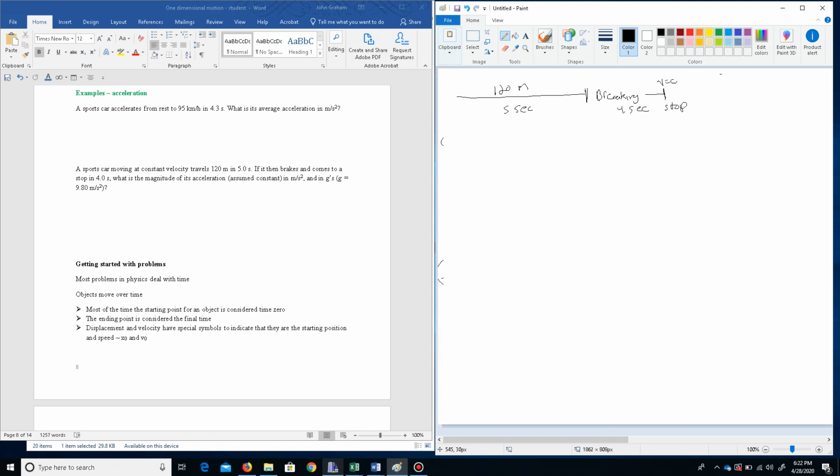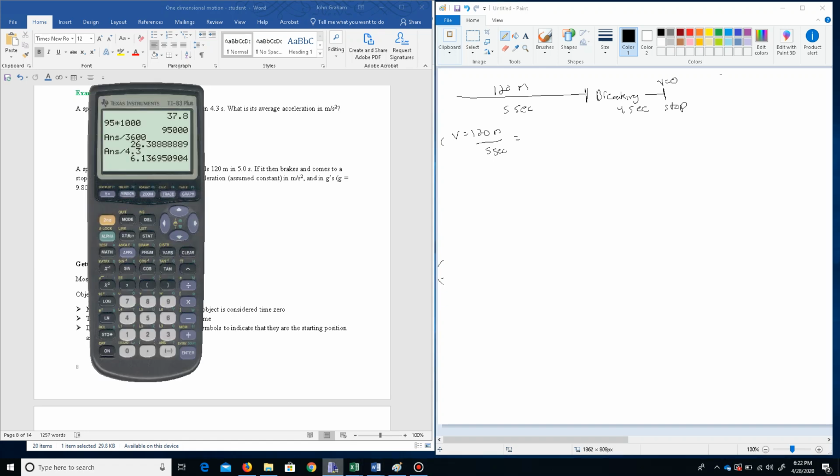So velocity equals 0. Right, so along this traveling, the velocity is going to be constant. So at this point, your velocity is 120 meters over 5 seconds, which would be 24 meters per second.